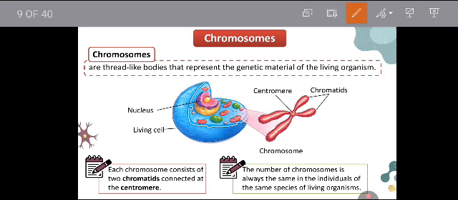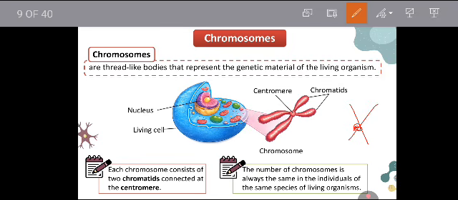Do you know from middle one that a chromosome has two structures? The general structure in shape consists of two chromatids. These chromatids are connected together at a point, this middle point called the centromere. But in the chemical structure, a chromosome consists of, if you remember, DNA, nucleic acid, DNA plus protein.